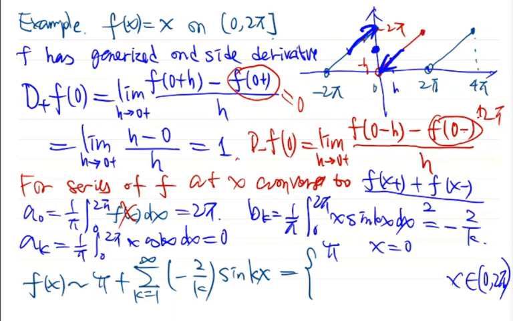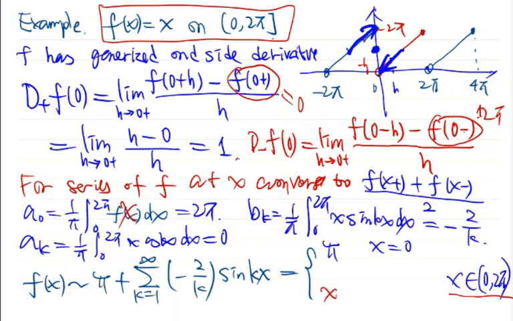So the left limit and the right limit at any point x in this interval is the value of f at that point. But the value at x is precisely x, because our f(x) equals x in this interval. So we see that when x belongs to this open interval, the sum of the Fourier series is x itself.